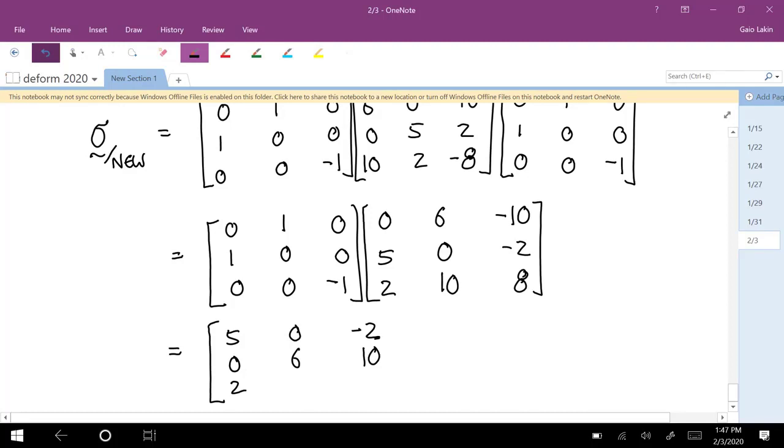Ooh, something went wrong there. Yeah, this has to be symmetric because this is our stress tensor now in the new coordinate system. Oh, does it come out to be negative 10? Which one? This should be negative.